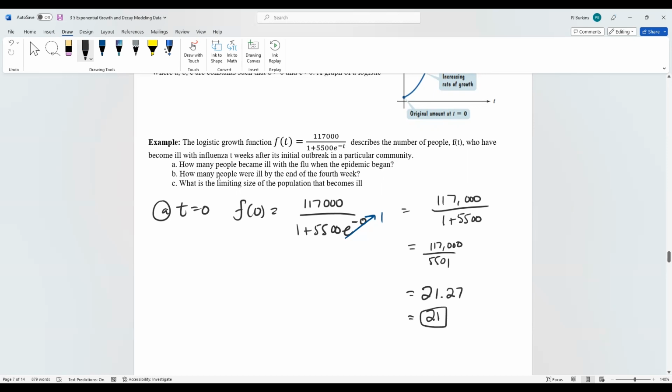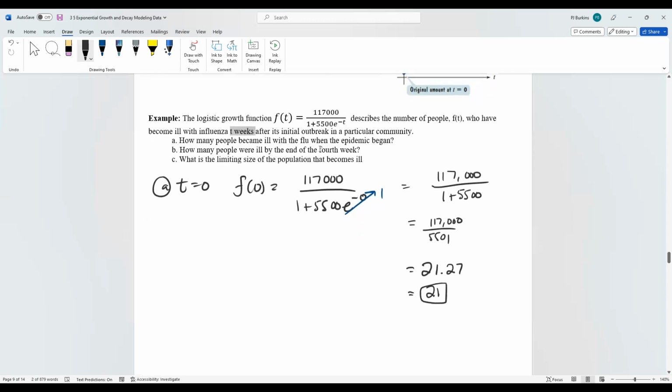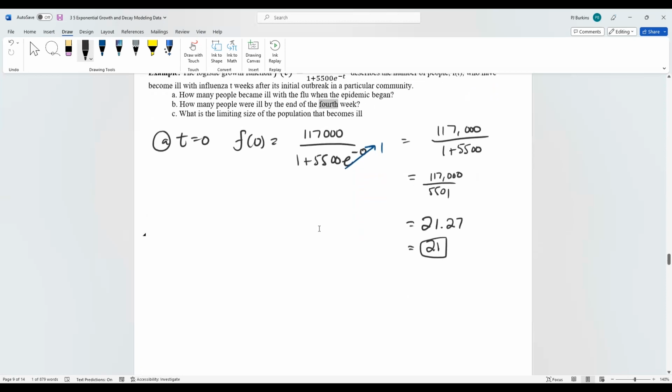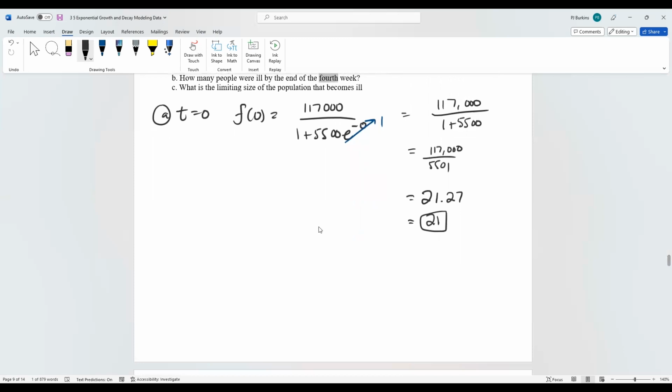The second part of the question says, how many people were ill by the end of the 4th week? So we have to make sure that we're talking about T, and T is in weeks. That means T is equal to 4. So for part B, we're just plugging in T equals 4. So f of 4 looks like this.